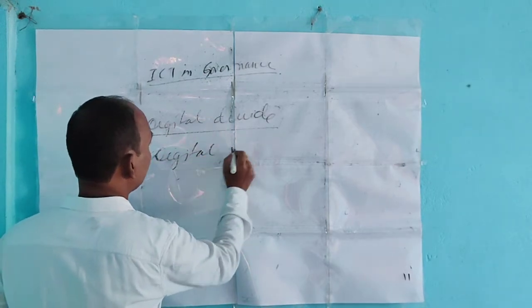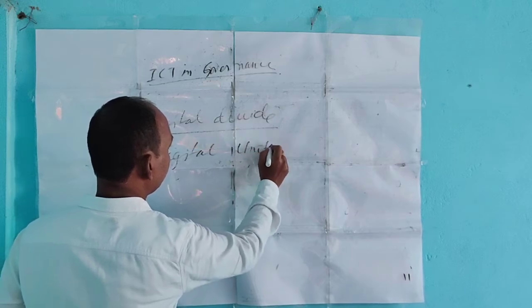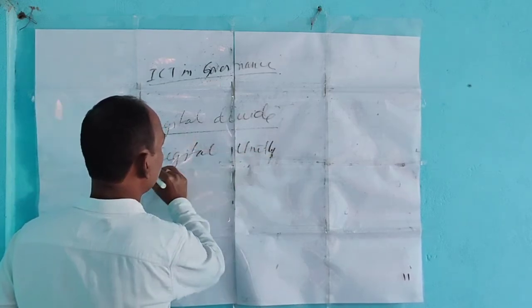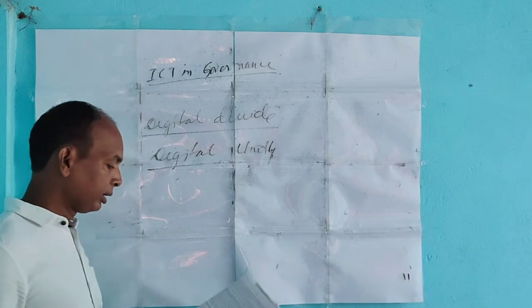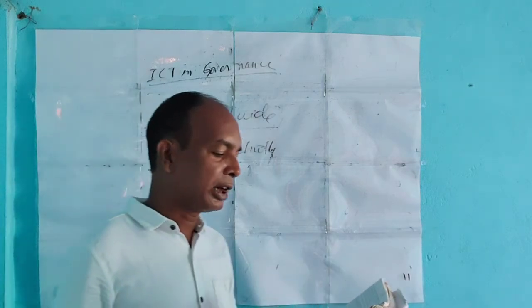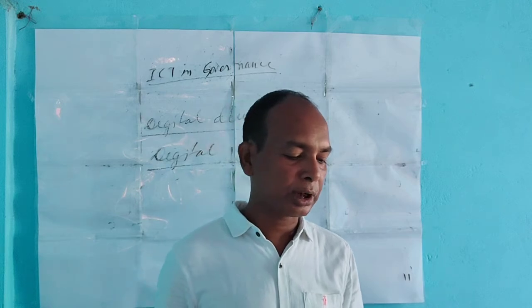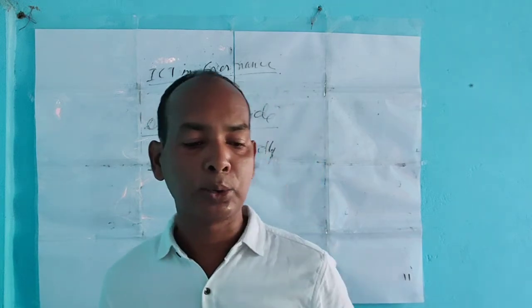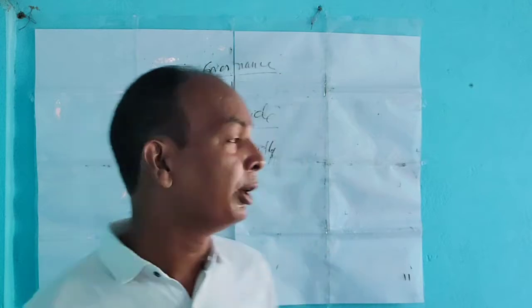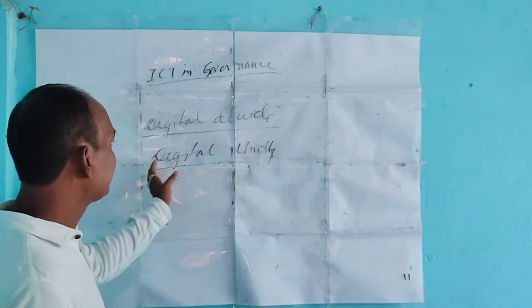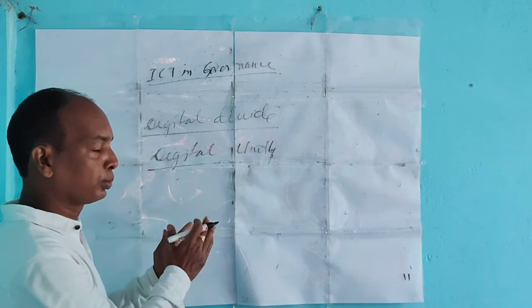Digital unity. What is unity? It refers to providing the same opportunity to all sections of people to access information technology and have knowledge of how to use it. This unity makes the two groups of people into one group.